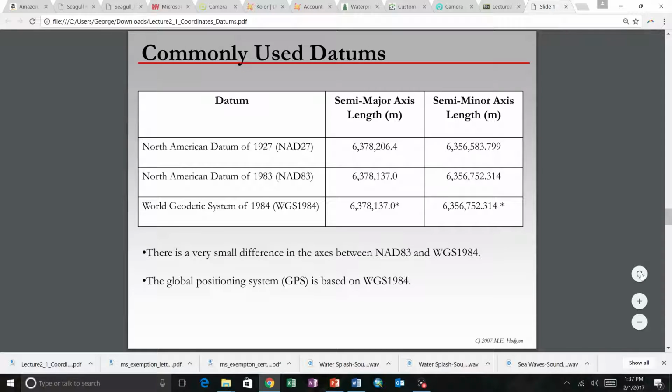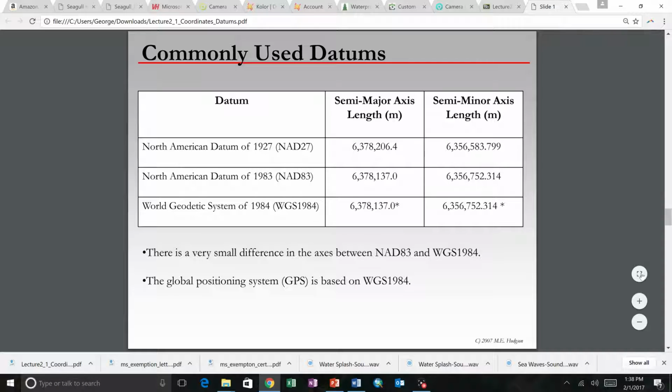So a datum is the vested ellipsoid that passes around the Earth from a certain point? Yeah, a datum is the center of the Earth along with the other information, the semi-major and semi-minor axes. The ellipsoid is technically just the semi-minor and semi-major axes. So the datum is the semi-minor and semi-major axes along with the tie point to the center of the Earth.